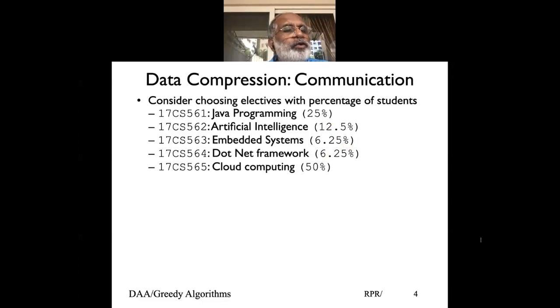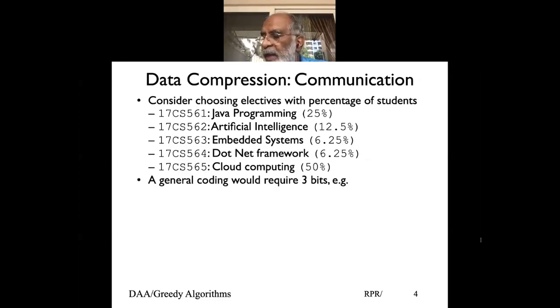If I need to record the elective choice for all the students, let's say assuming I have 100 students, since I have these 5 subjects, I need to encode them. That means I at least need 3 bits for encoding these 5 subjects.